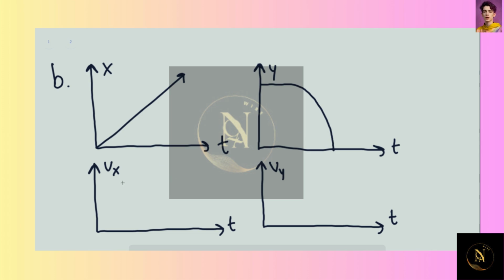The velocity in the x direction is constant, so it'll simply be a straight line. For the y direction, it'll only get faster, but it's not starting at 0. It's starting at some value, so this would be a linear increasing slope. So these are the 4 sketches for part B.